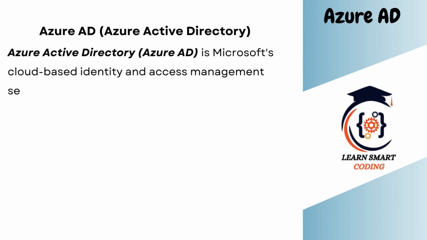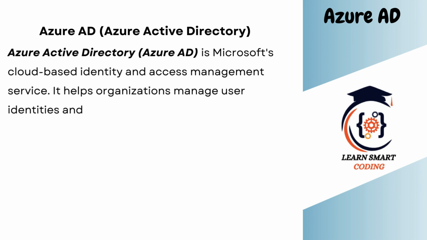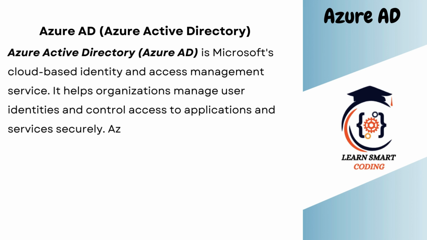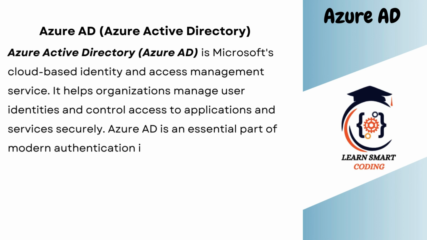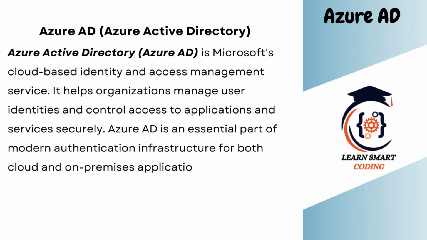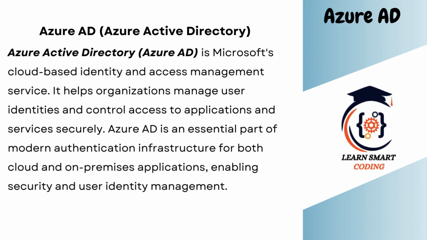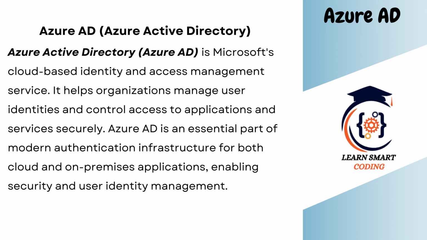It helps the organization manage the user identities and control the access to the applications and service securely. Azure AD is an essential part of the modern authentication infrastructure for both cloud and on-premises application, enabling the security and user identity management.